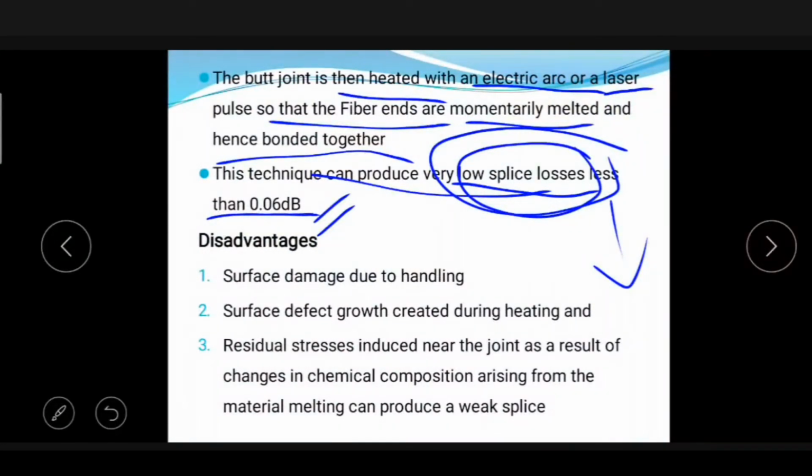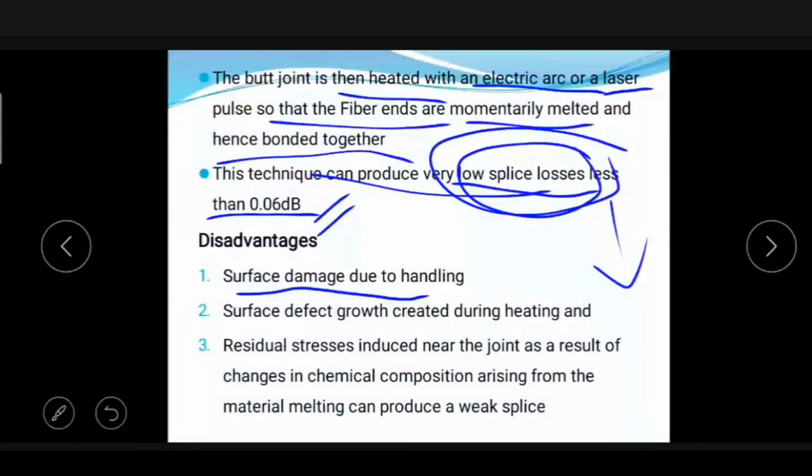But what is the disadvantage? This is the advantage. But the disadvantage we have is surface damage due to handling. Surface damage may happen whenever it is handled, because we are placing it under a fiber holder. The fiber holder is used to hold the optical fiber. Whenever it is used to hold the optical fiber, the fiber size should be bigger.